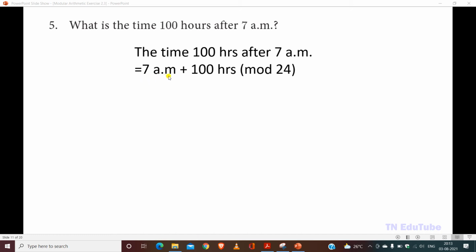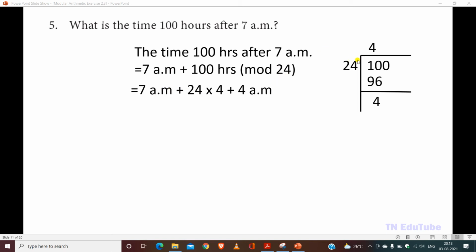We can put it as 7 a.m. plus 100 hours, you change it as mod 24. So what do you get? When you divide 100 by 24, you get 4 as the quotient and the remainder also 4. So you get 24 into 4 plus 4.